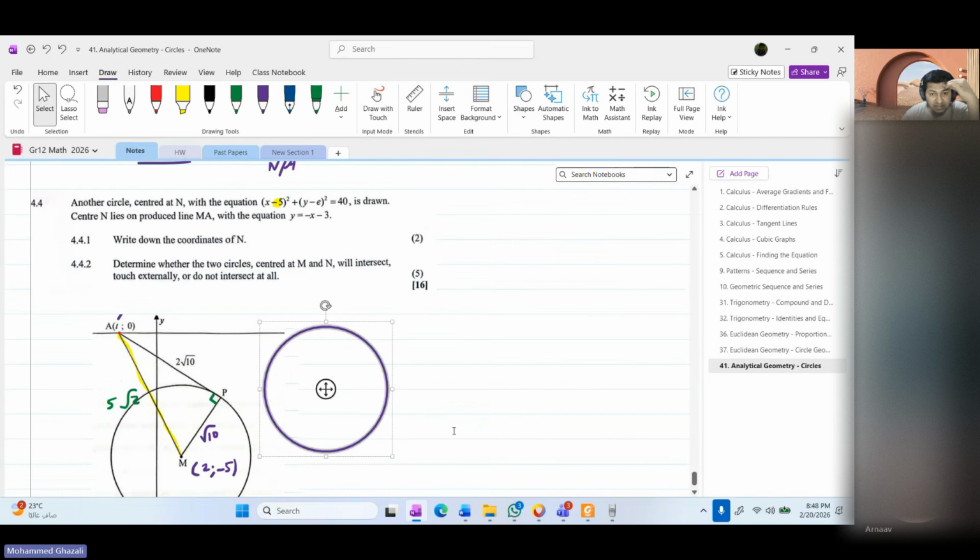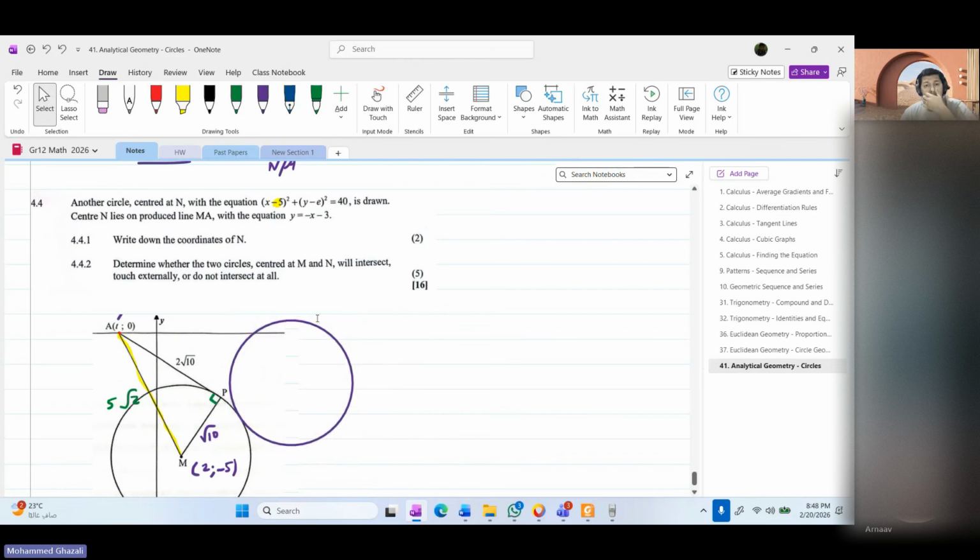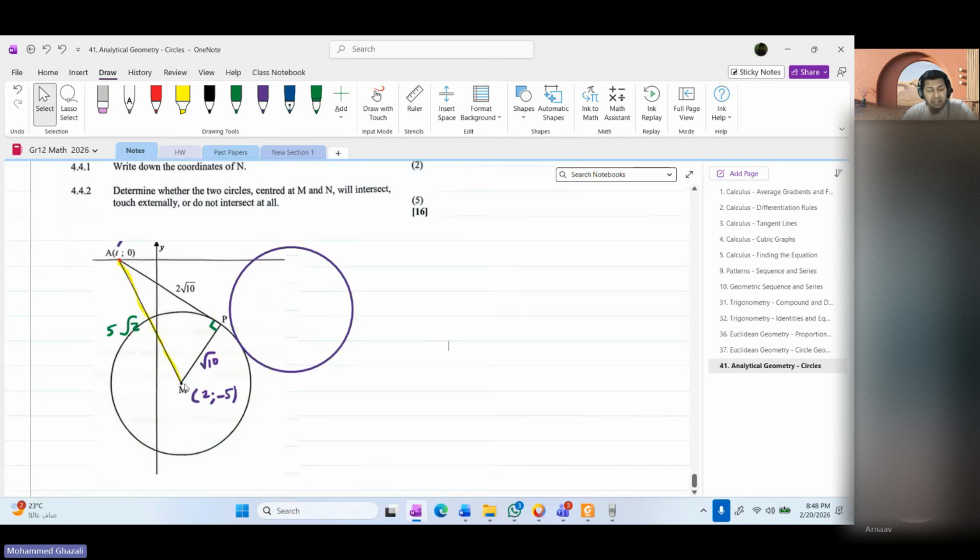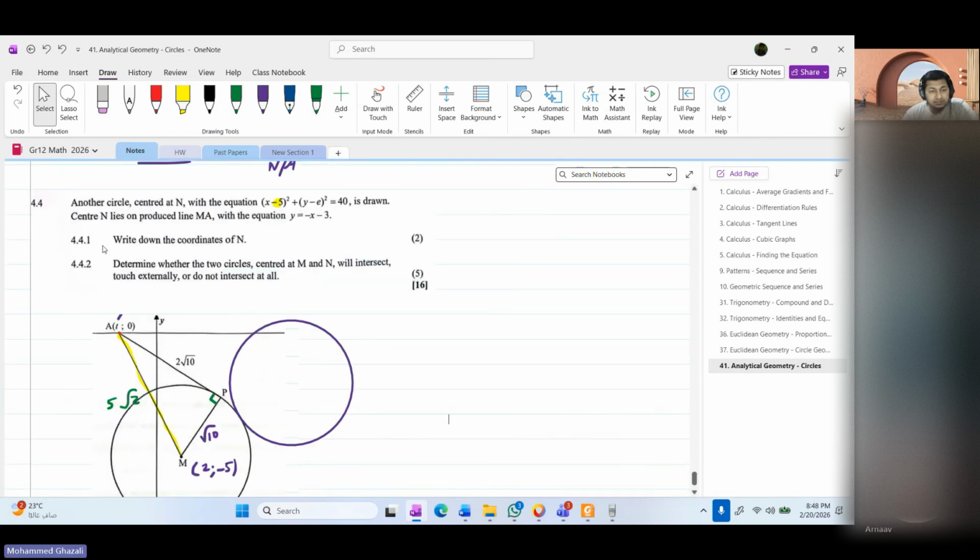Is drawn, center N lies on produced line MA. So this equation of the circle has center N. Center lies on produced line MA. The x value is 5.